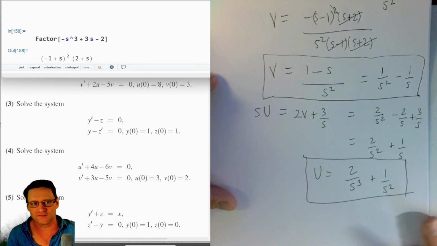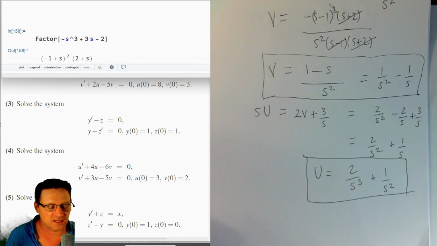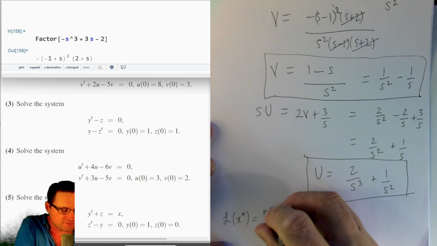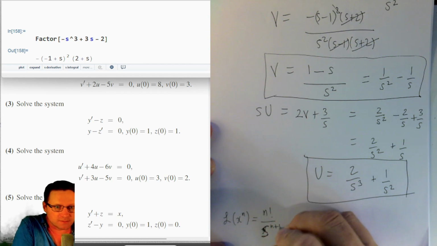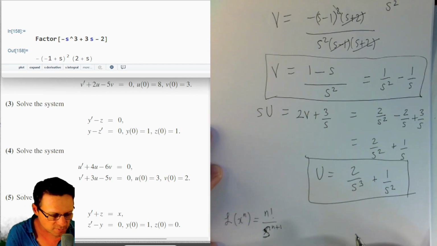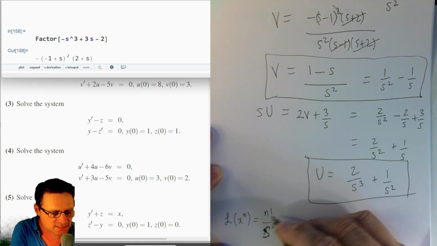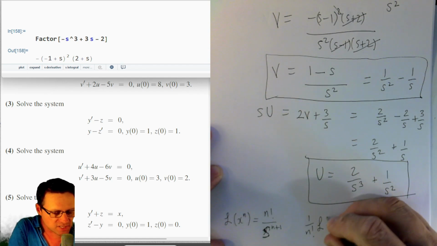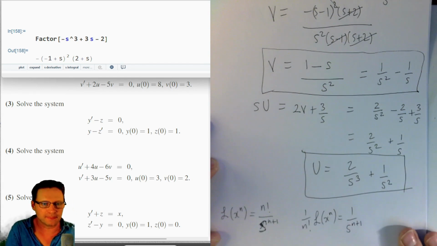Okay, fantastic. So we have this, and we have this line up here. So now we want to take the inverse Laplace transform of these terms so we get lowercase v and lowercase u. Now remember that the Laplace transform of x to the power of n is n factorial over s to the power of n plus 1. So n factorial times the Laplace transform of x to the n is 1 over s to the n plus 1.